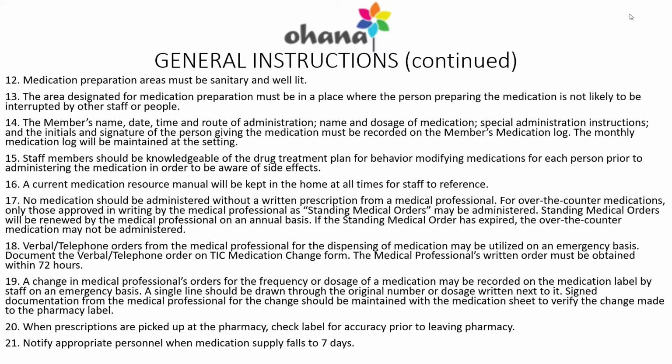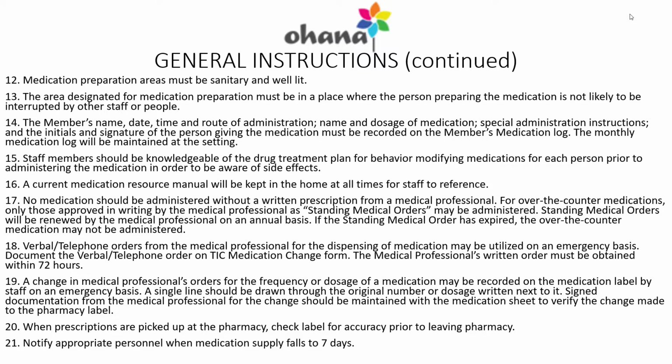So that could be anything from don't drink grapefruit juice to take on an empty stomach. And lastly, it needs to have the initials and signature of the person giving the medication. We'll take a closer look at a medication log later in this presentation, but there's a portion on the bottom where if you're giving medications, you need to initial and sign in those boxes to give any medications.